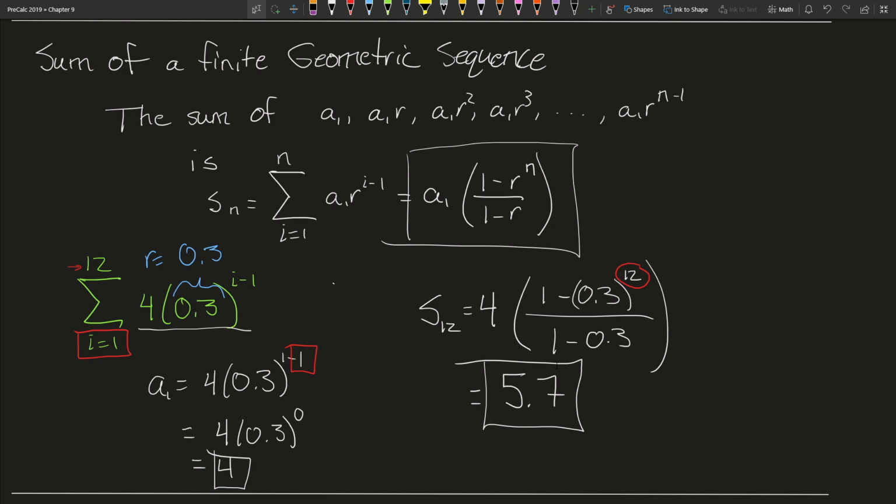So your homework is W9 and W12. W9 is just distinguishing arithmetic versus geometric. And then W12 is like this example.